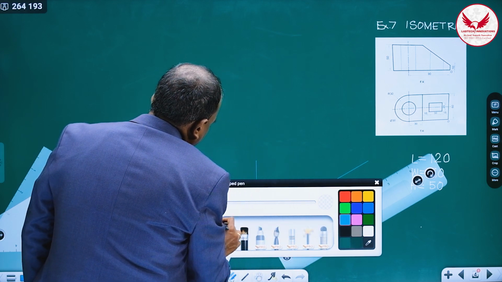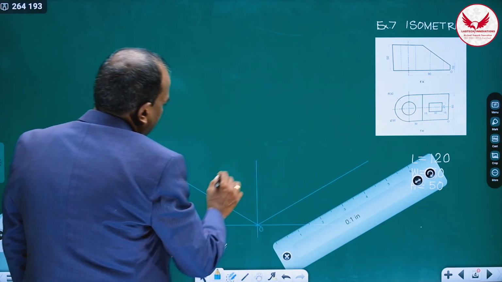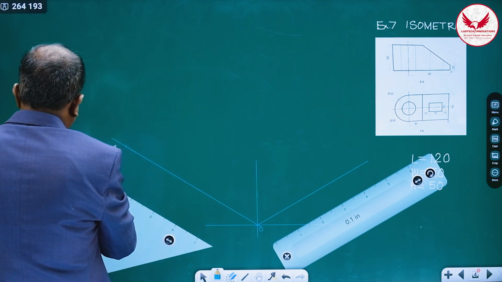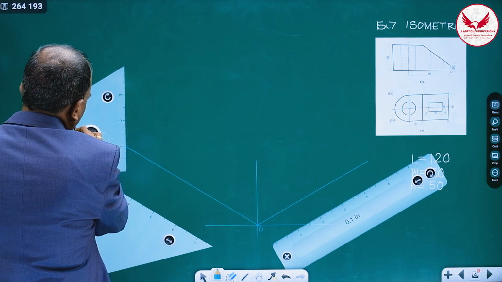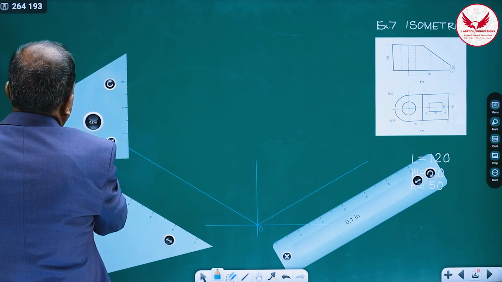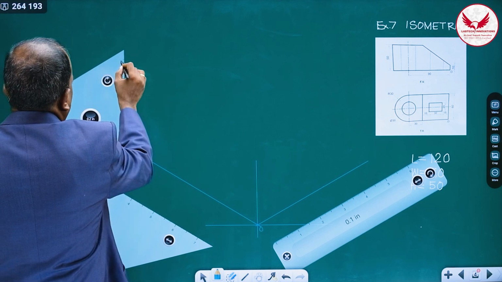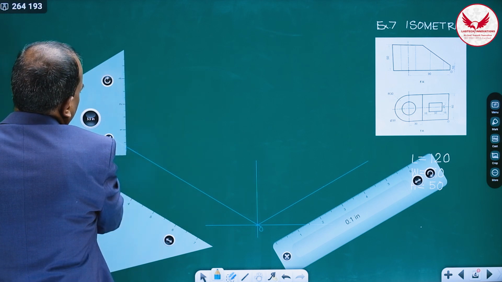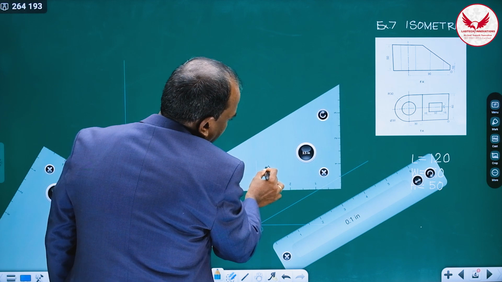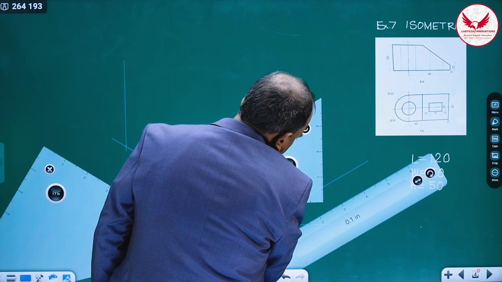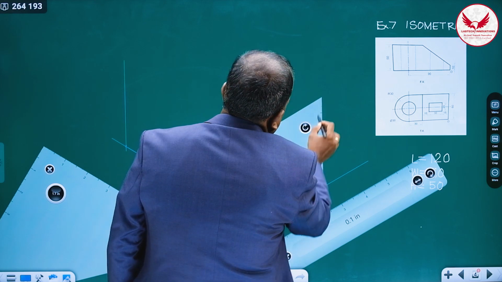Once we remove this and keep only the 50 height, the task is very simple. From this marking, draw the vertical lines, then again from this marking, wherever we have marked 60, draw the vertical lines too.